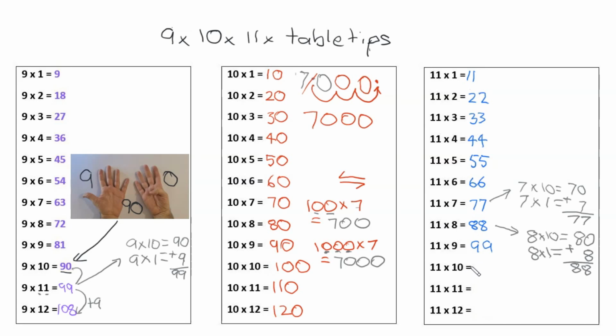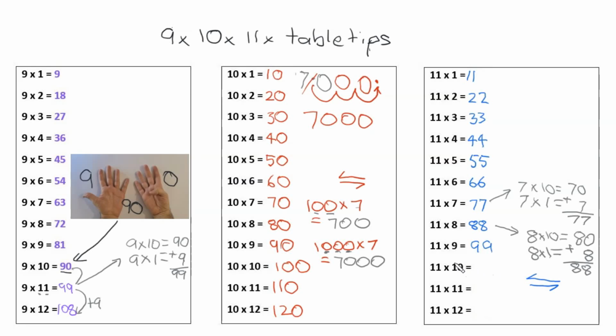So just a minute. So we got this far. What about 11 times 10? Well, remember your 10 times table trick. The beauty of multiplication is this idea of commutative property. So you can go this way or that way and you will get the same answer.